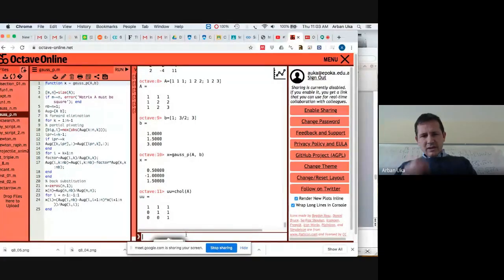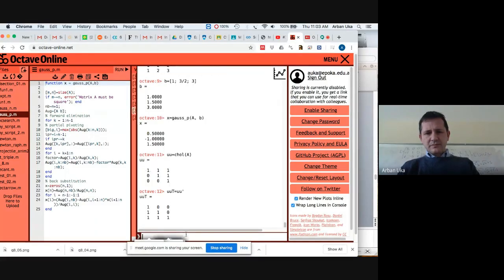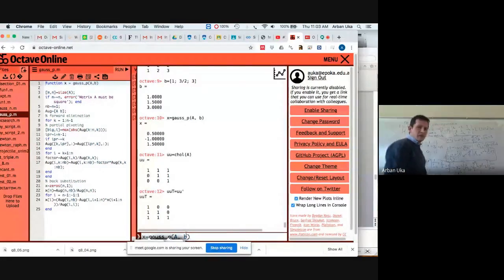Let's assume UU transpose is the lower triangular matrix. If you have a pen and paper, you can follow what we'll try to do.